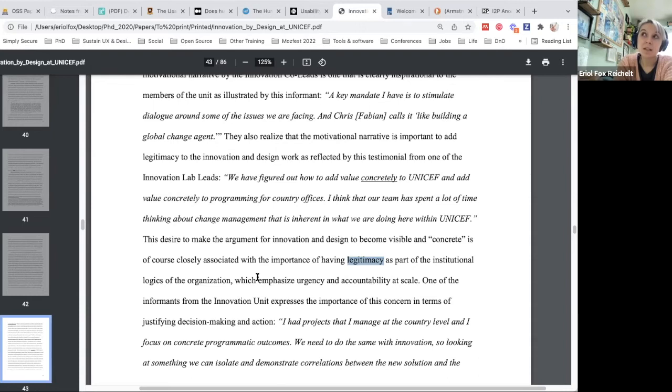But interesting that there's this comparative vector for humanitarian open source, which is legitimacy within the institutional logics of the organization. But then how does the legitimacy in terms of open sourceness play in for designers? And then urgency and accountability at scale. Yeah, this is just tricky for designers and open source to work with.